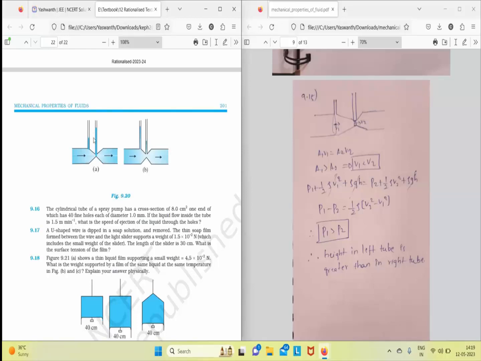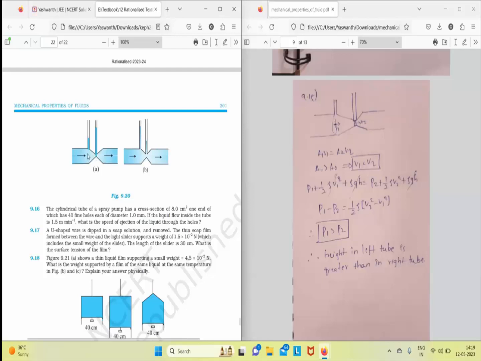Hope you remember the barometer example which I explained, where the pressure is obtained as P0 plus rho GH. In the same way, pressure at this point is atmospheric pressure plus rho GH. Pressure at this point will be atmospheric pressure plus rho GH.